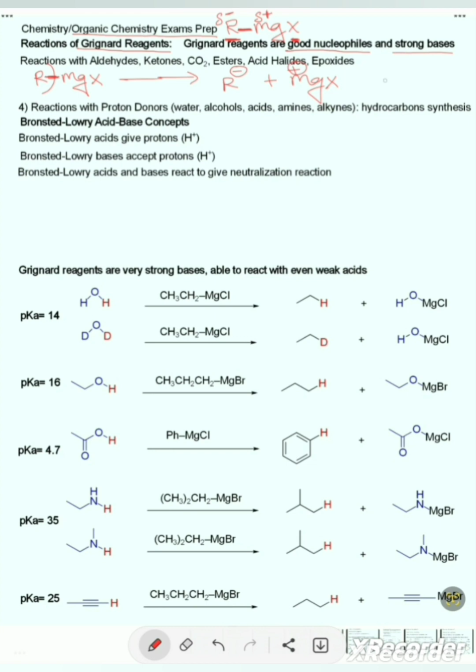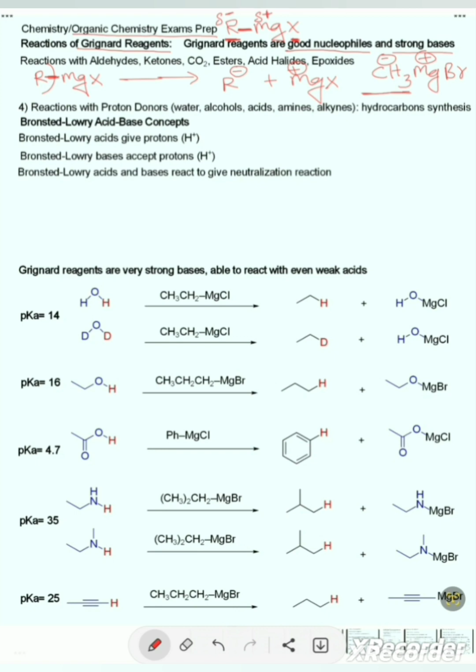So the example would be methyl magnesium bromide. So in this way, it's easy to see why this would be a very strong base, because this is the conjugate base of a very weak acid, and we know that weak acids would give very strong conjugate bases and strong acids would give very weak conjugate bases.